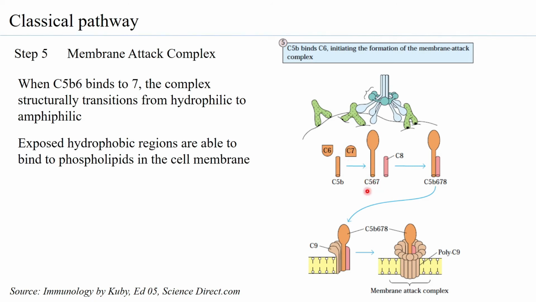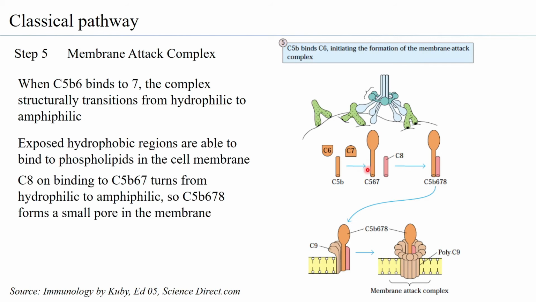So the interaction of the C567 with the membrane of the foreign particulate becomes stronger because of the formation of the C567 complex. It also becomes a complex to which C8 is recruited. That is the next component. When C8 binds to C56, of course, it forms a C5678 complex.